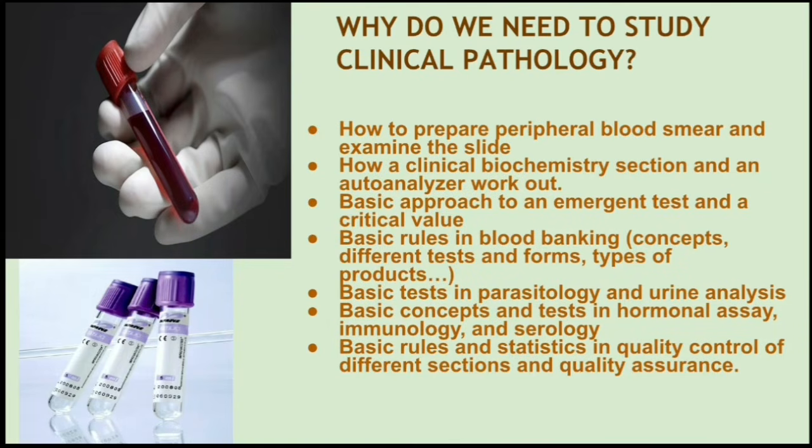Then basic tests in parasitology and urine analysis, basic concepts and tests in hormonal assay, then immunology and serology. What is the immune system, how does the immune system work, by studying the specimen that is collected, and also serology.